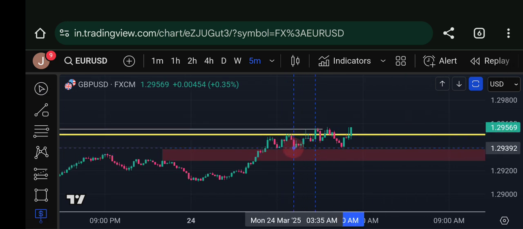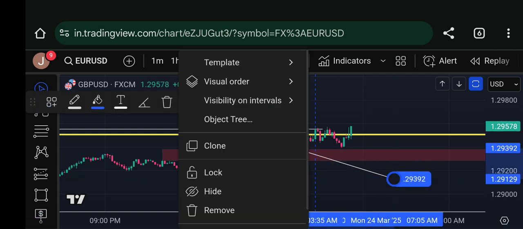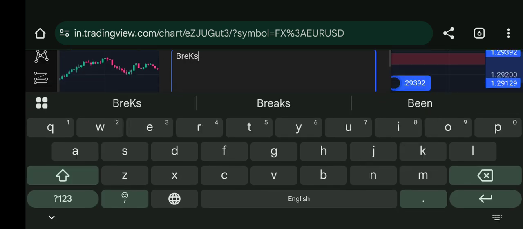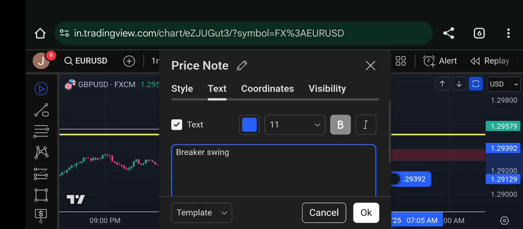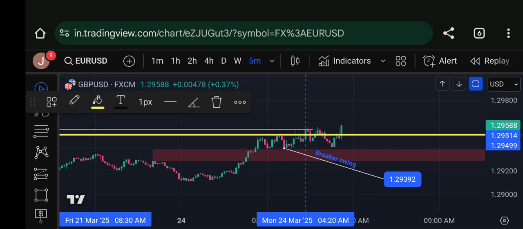This fair value gap should be respected, but this candle made a breaker swing. Here this fair value gap got disrespected and moved higher.